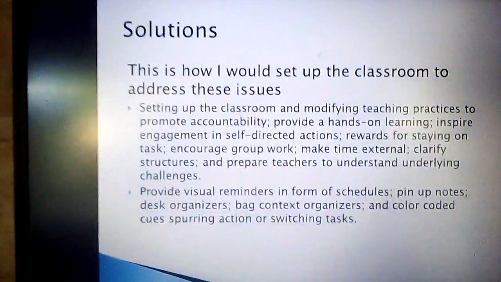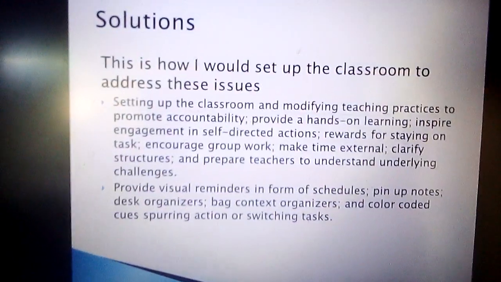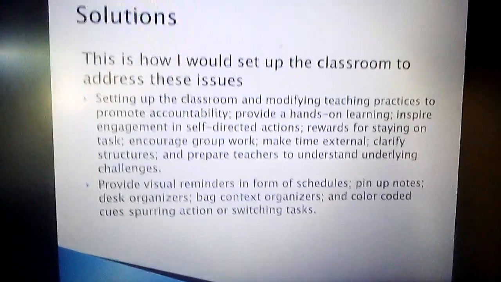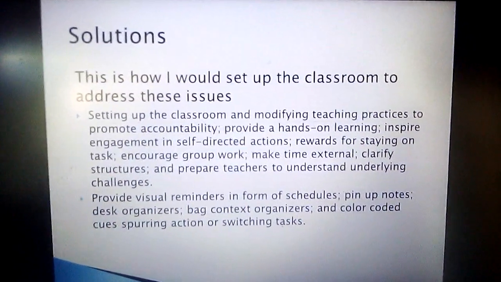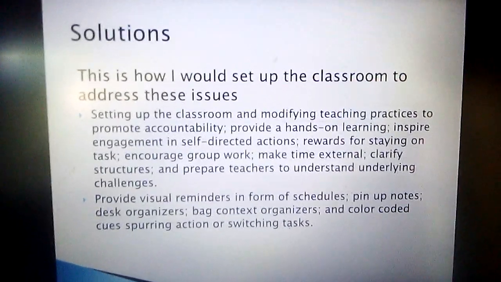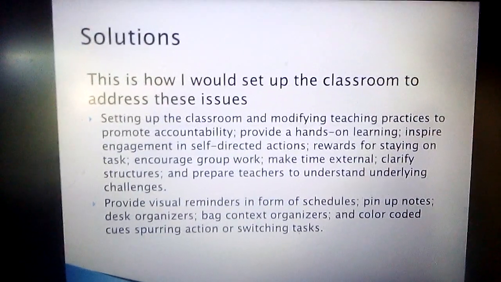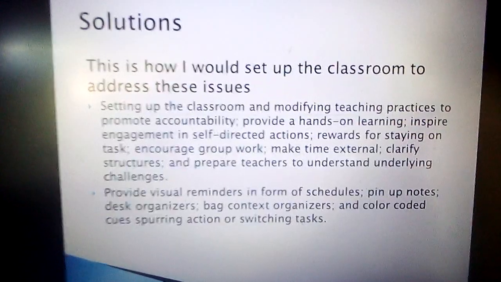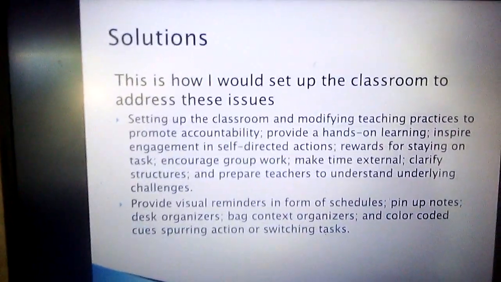Now, there are solutions that we came up with, and one of them is setting up the classroom and modifying teaching practices to promote accountability, provide hands-on learning, inspire engagement in self-directed actions, rewards for staying on task, encourage group work, make time external, clarify structures, and prepare myself to understand underlying challenges every single day that I am in the class.